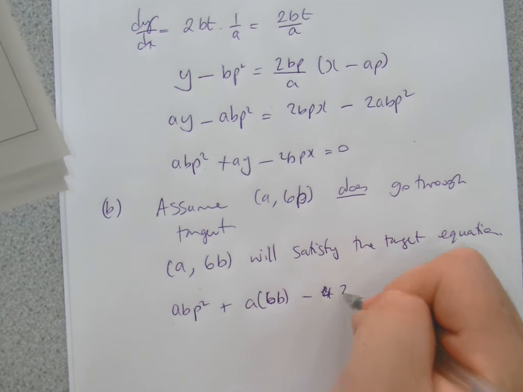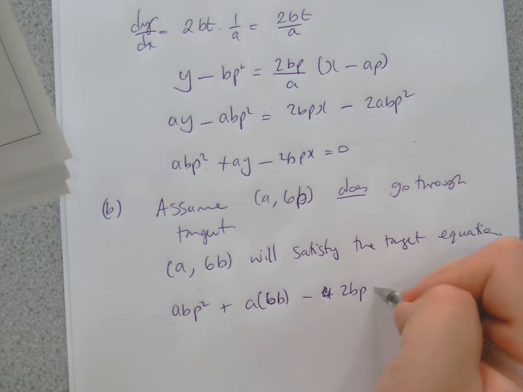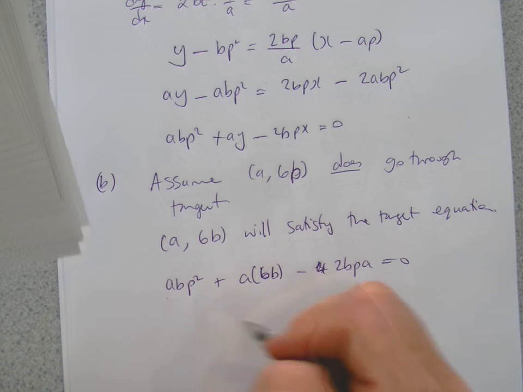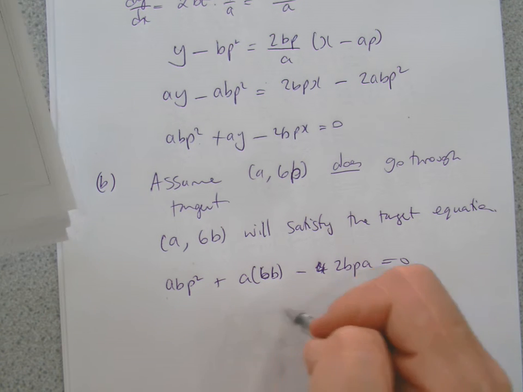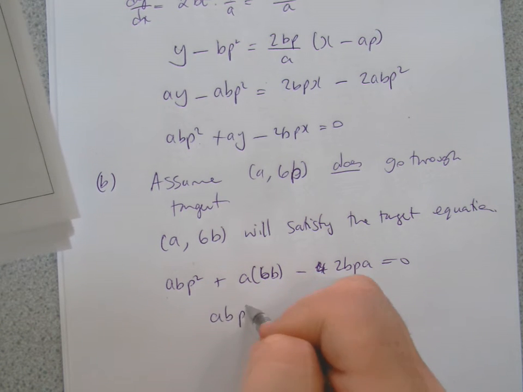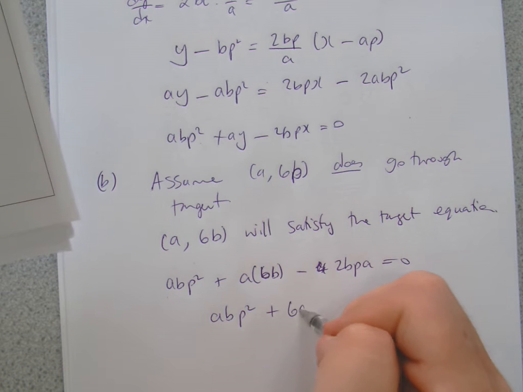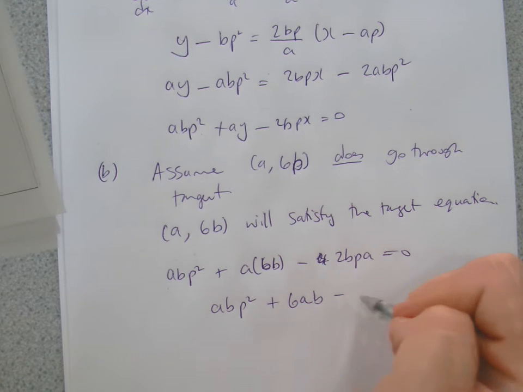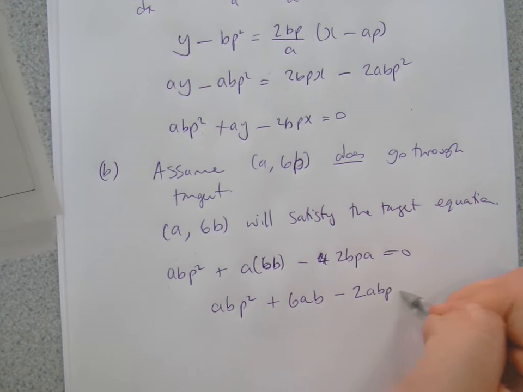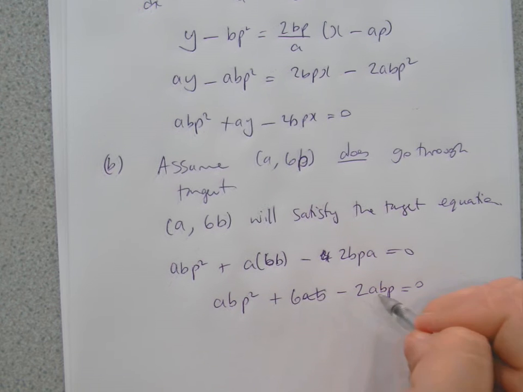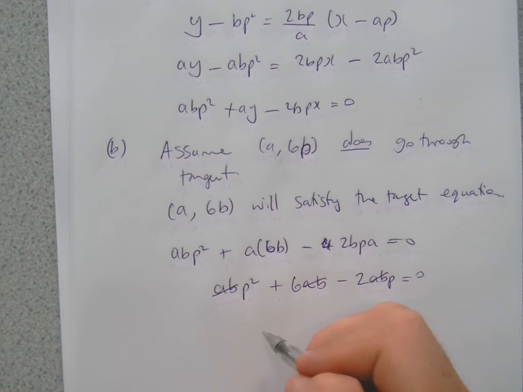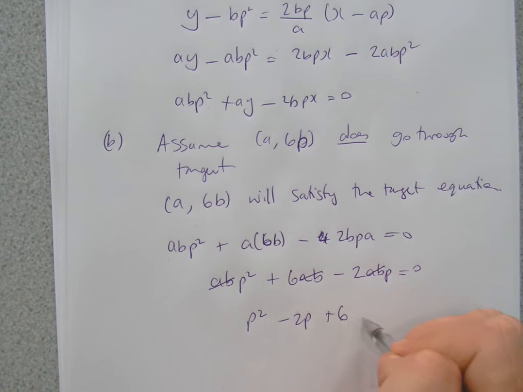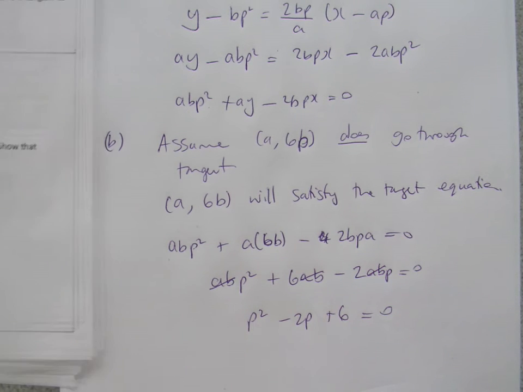Minus 2bpx, which is also a, equals 0. Now, let's tidy this up again. abp squared plus 6ab minus 2abp equals 0. So we can cancel the ab's, because ab goes into all of them. So we've got p squared minus 2p plus 6 equals 0.